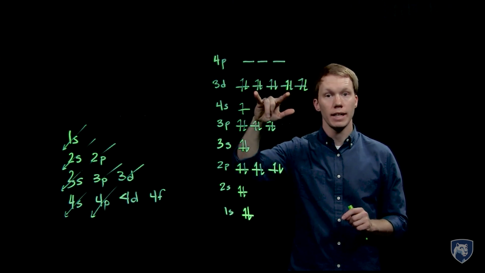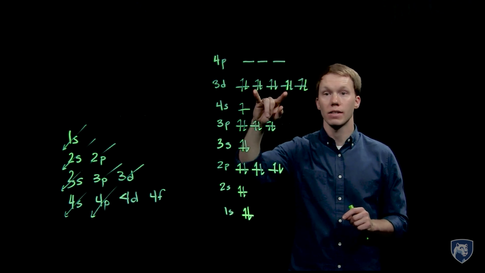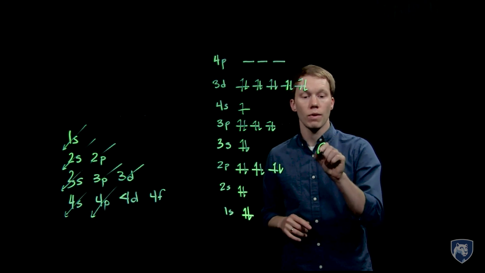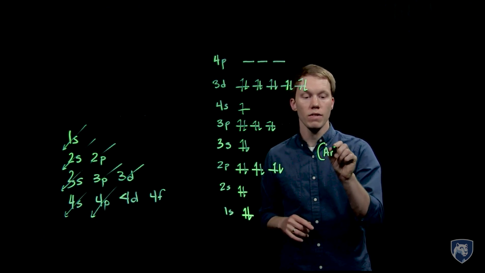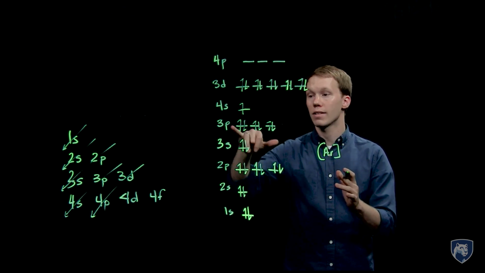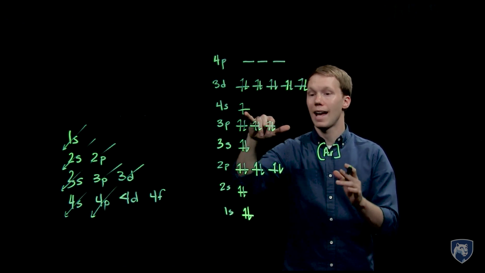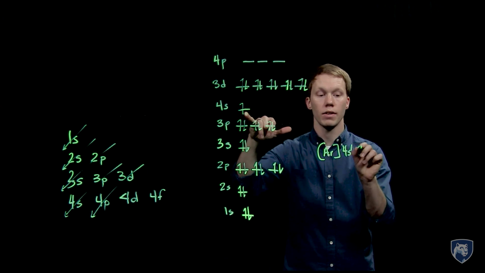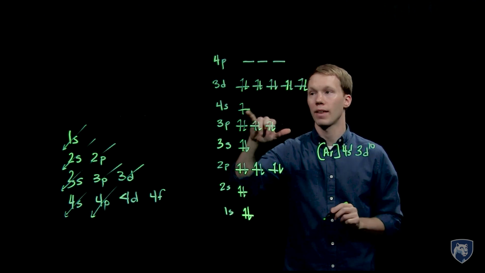So there's added stability again with a full subshell of electrons. So we have this even spherical distribution of charge. If we were going to write the abbreviated electron configuration for this, we would have the noble gas configuration of argon, which gets us up through the 3p, and then we'd have 4s1, 3d10.